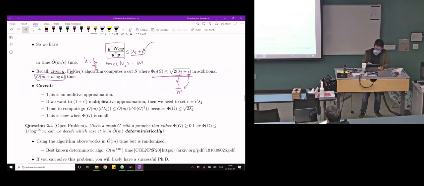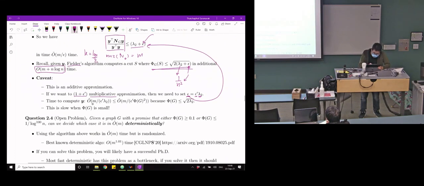So that is when you write, if you want a 1 plus epsilon prime multiplicative approximation, the epsilon that you need to put here is like epsilon prime times lambda 2. And the total running time is here, which can be as bad as here because of Cheeger inequality.